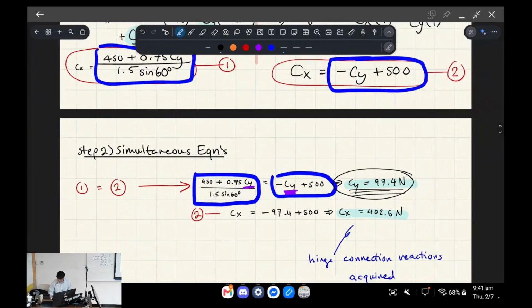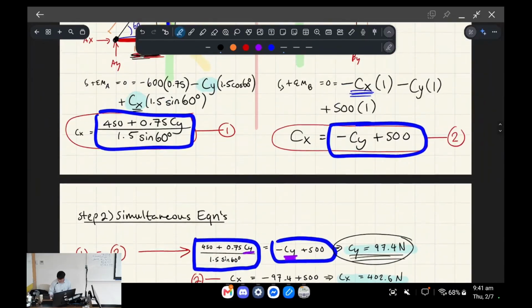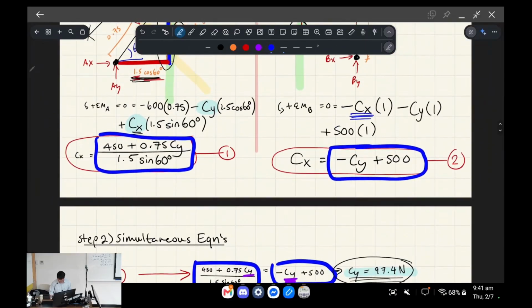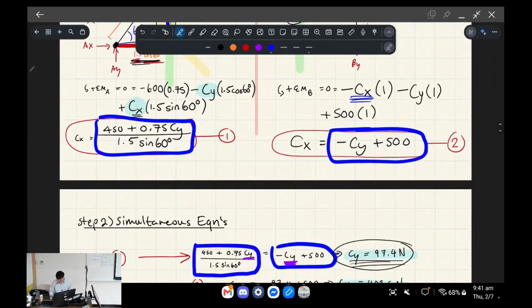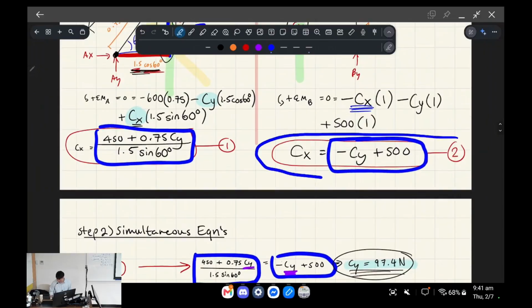Okay, so now, since we have one of these two variables, we can dive back into either our first or second equation and solve for Cx. It's a lot simpler to dive back into equation 2 if you just look at the two equations.